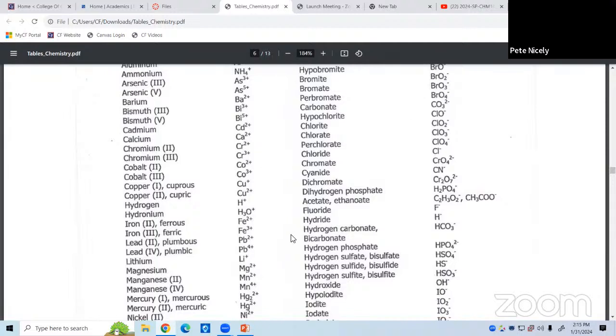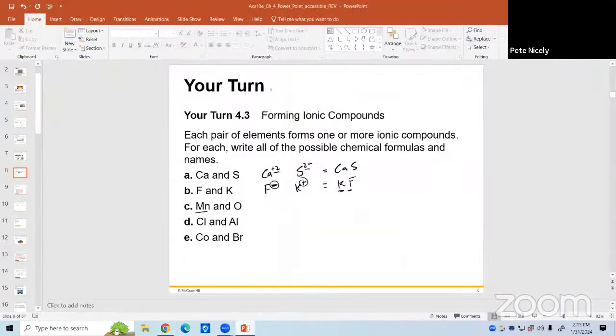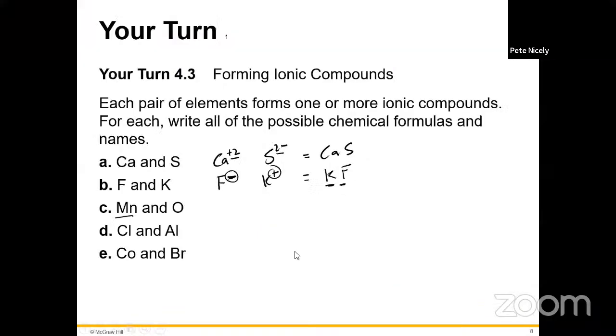So I was trying to confirm manganese. According to this, manganese has two types of ions, the +2 and the +4, right? Manganese 2 and manganese 4. Going back to PowerPoint, I'm going to write down here that Mn2+ and Mn4+ are the two ions.